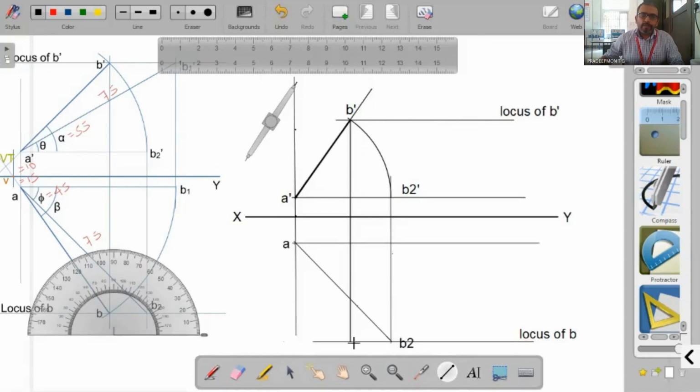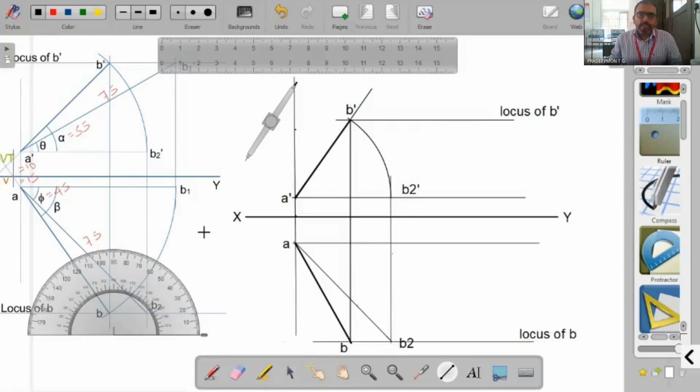So this is the point B now. Now you can join point A and B using a thick line. So this is the top view. So now this much is obtained.